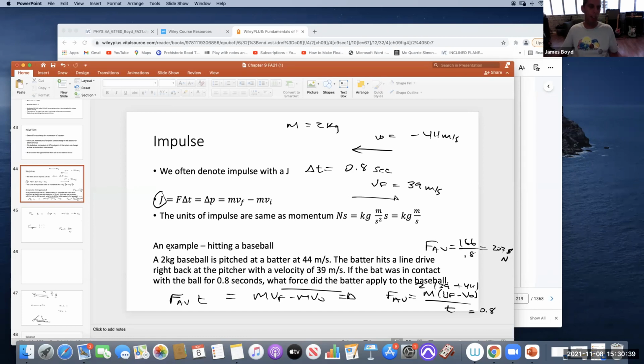Okay, so what that means is it took 207.5 newtons being applied for a duration of almost a second to change completely, almost completely, the ball's momentum.